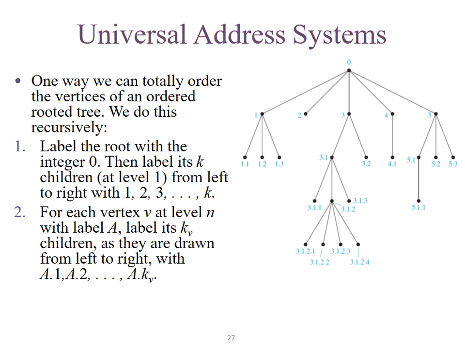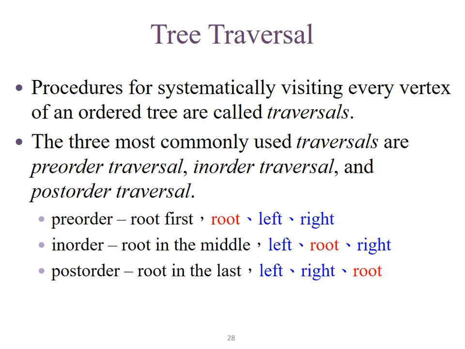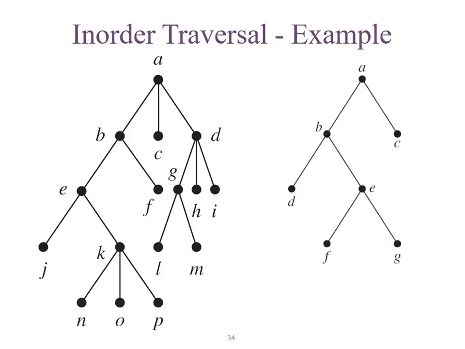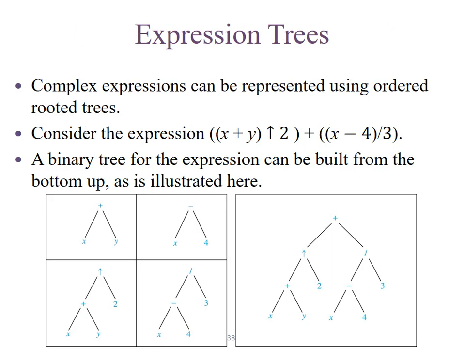Once we can confirm the order of all nodes of the tree, we introduced three different traversal methods, and these traversal methods can transform to three different notations of expressions. Okay, any question for this section?